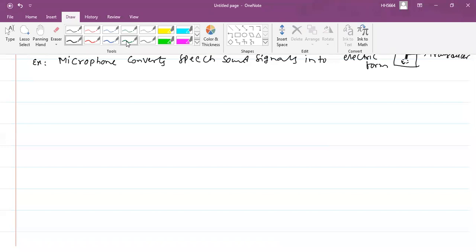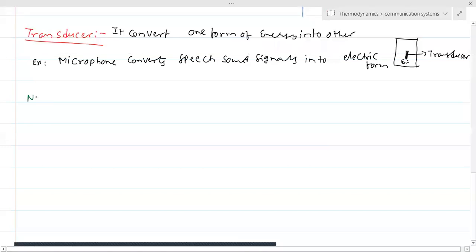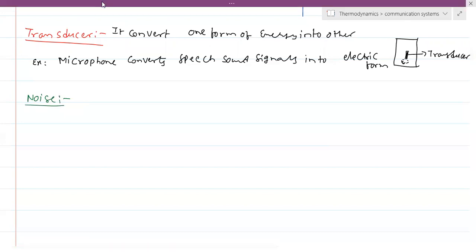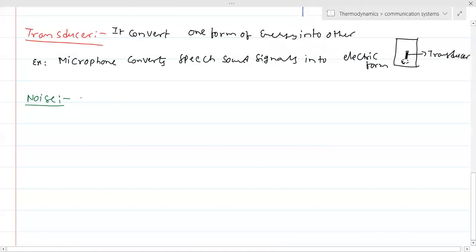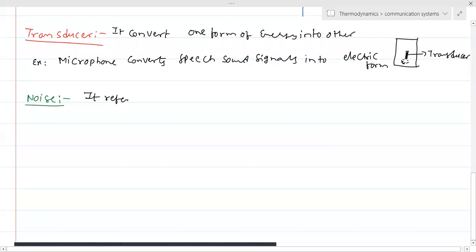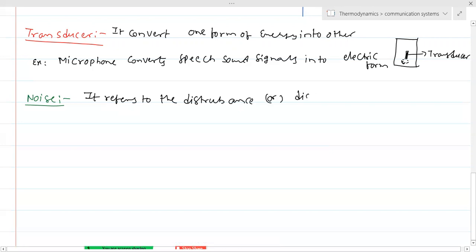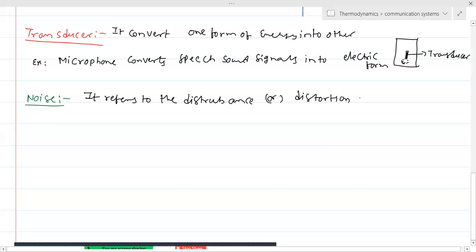And we will understand one more thing, noise. Noise means a kind of disturbance. It refers to disturbance or distortion in transmission of the signal.